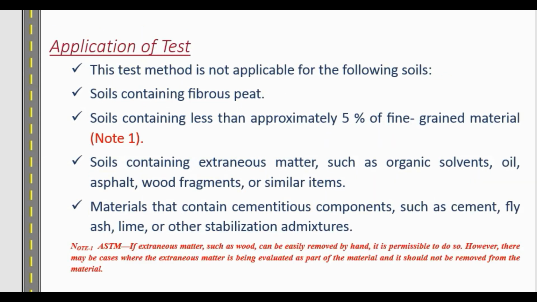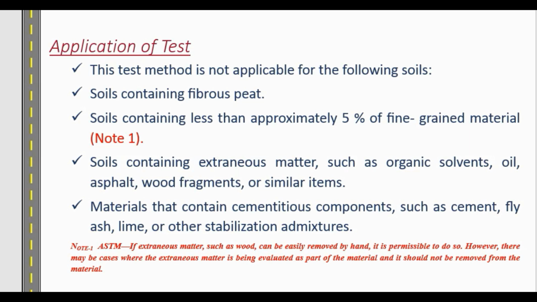Application of the test. Normally this test method is not applicable for the following soils. First of all, soil containing fibrous peat. Second, as in my previous video on sieve analysis, approximately 5% fine-grained material should be in the soil sample; if it is less than 5%, the test is not applicable.